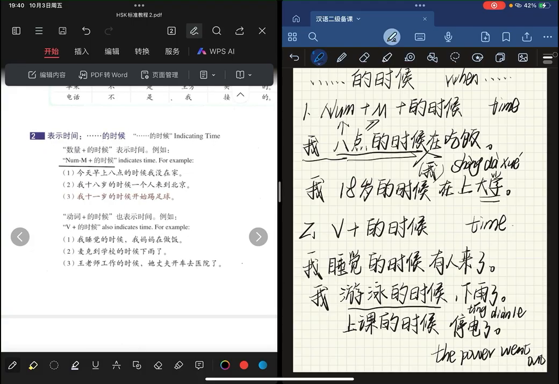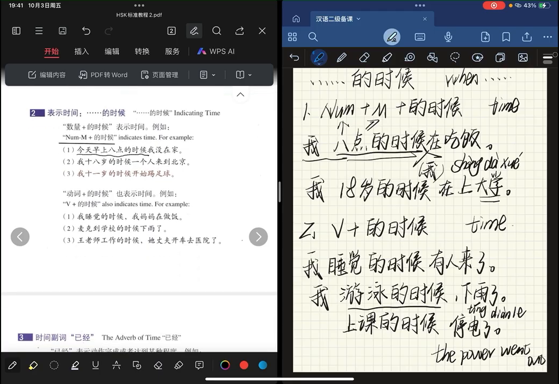So the first one is a number as a middle word with 的时候 to indicate the time. For example, 今天早上8点的时候我没在家。今天早上 is this morning, 8点的时候 is 8 o'clock, 我没在家, I wasn't at home. And a verb with 的时候 also indicates the time.